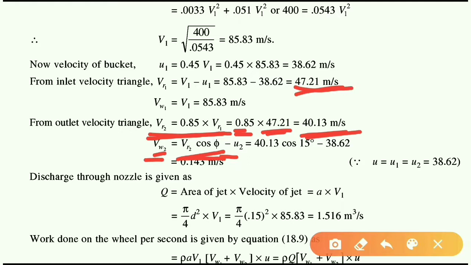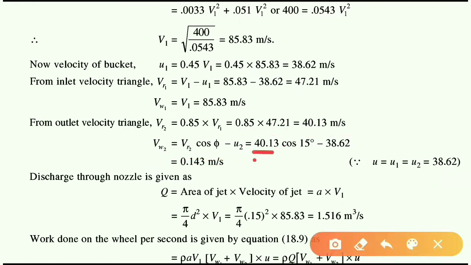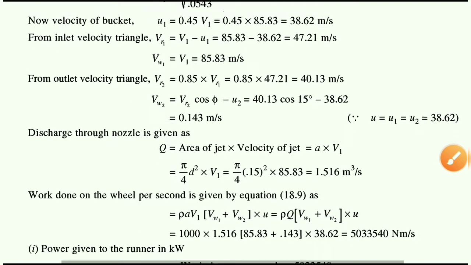So we know the value of Vr2 is 40.13, cos phi is cos 15, U2 is 38.62. So the value of Vw2 will be calculated like this, 0.143 meter per second. Now we know Vw1 as well as Vw2.